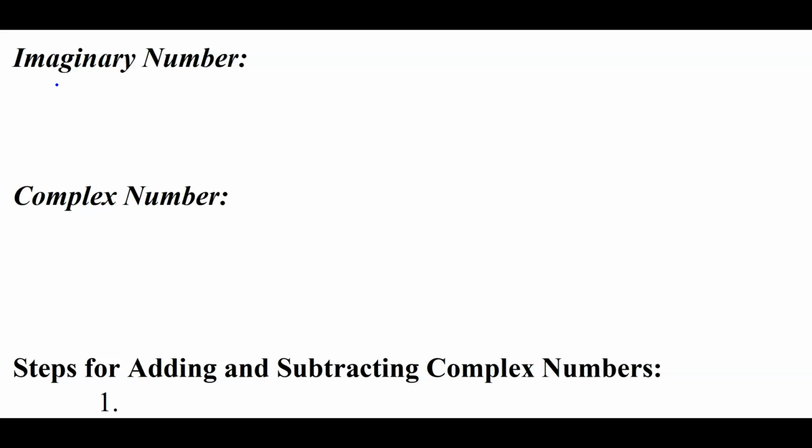Okay, so quickly what we want to do is just define what imaginary is. Imaginary is any number that has i attached. So all the regular numbers, and then if I stick an i on the end, so 2i, that's now an imaginary number, -6i, 3/4 i, all of those are now imaginary.